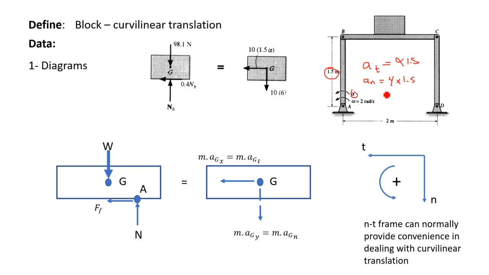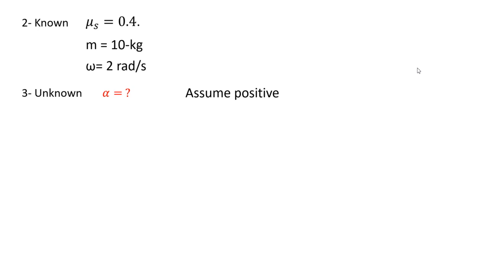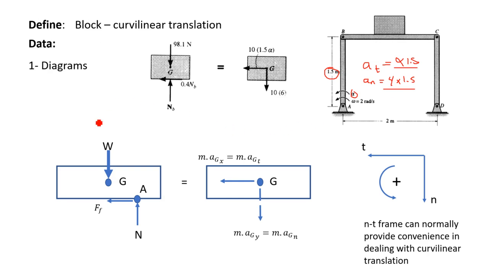So it's going to be 6 meters per second squared, and the tangential is 1.5 alpha. We know the coefficient of friction, the mass, and the omega, and the unknown is going to be alpha. Again, let's go back to this diagram.